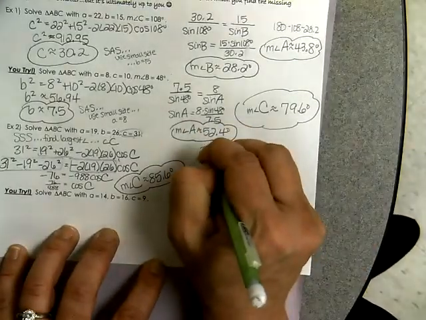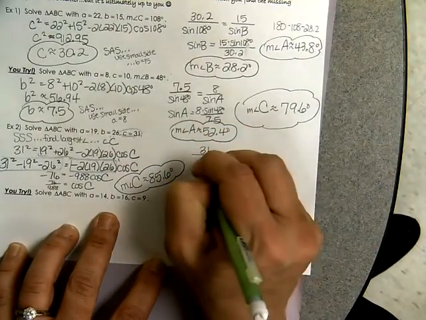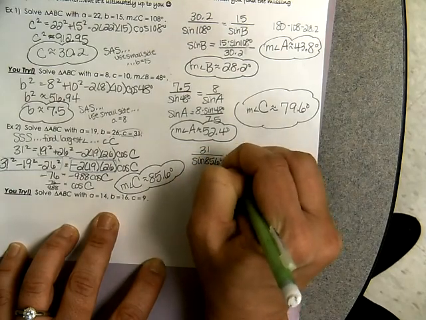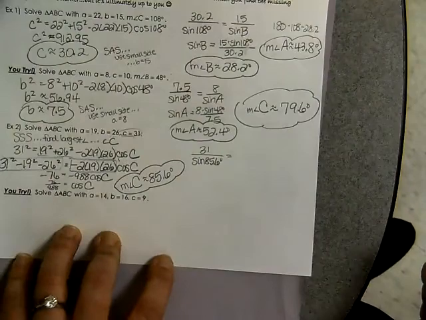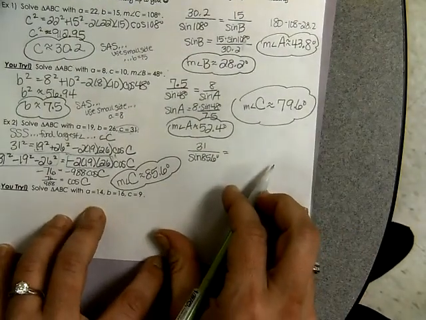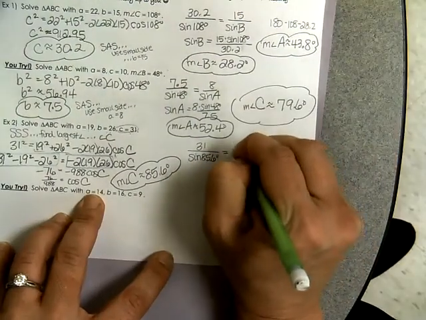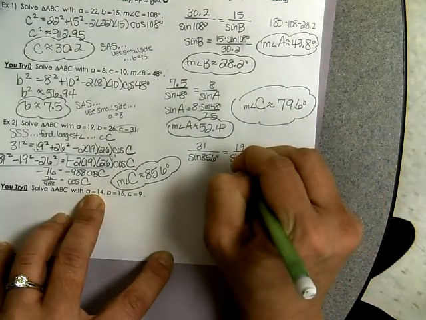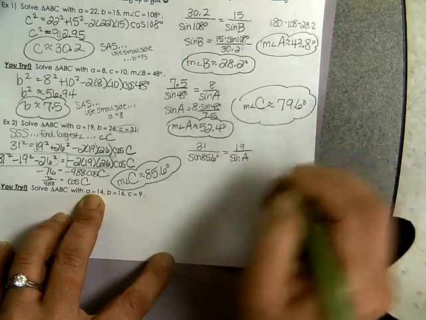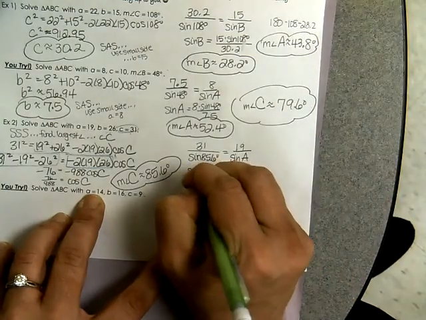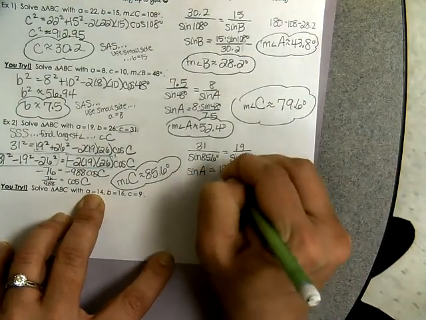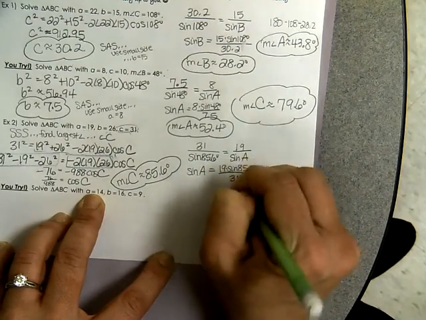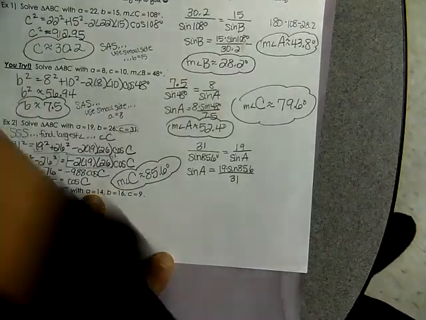So let's take then 31 over the sine of 85.6 degrees, and then we can pick whatever one you want. You want to do A first? Sure. So we're going to take that equals 19 over the sine of angle A. And so to find the sine of A, that's going to be 19 times the sine of 85.6 over 31.